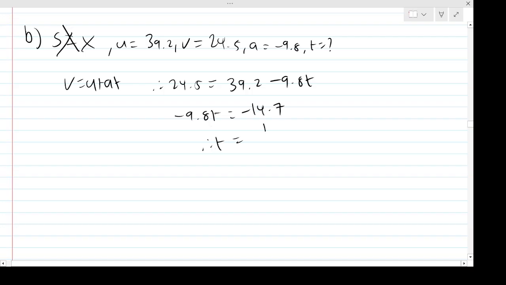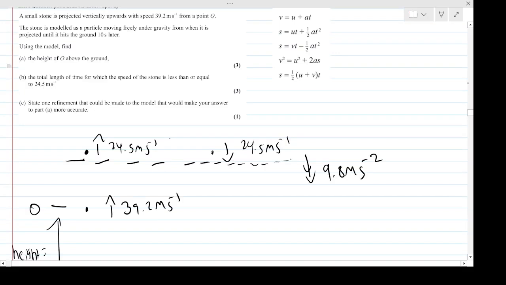Therefore T is minus 14.7 over minus 9.8, and we get 3 over 2, or 1.5. So the time is 1.5 when it first goes up by 24.5.